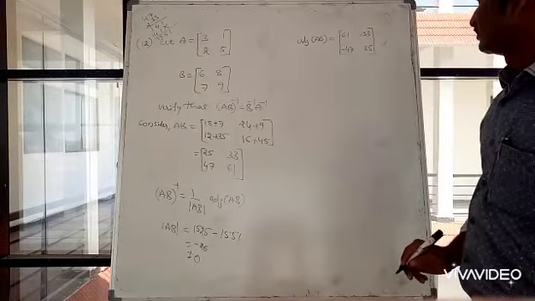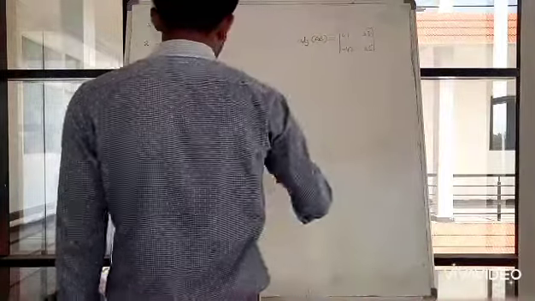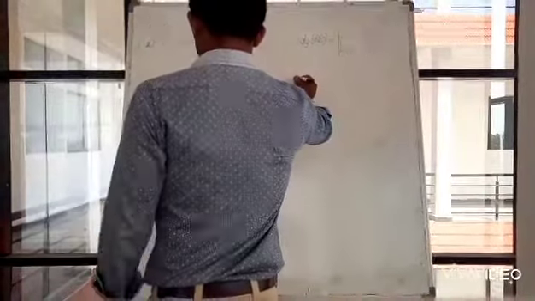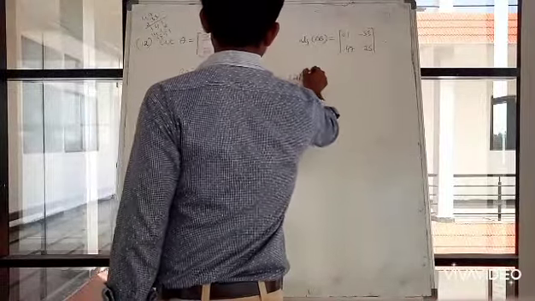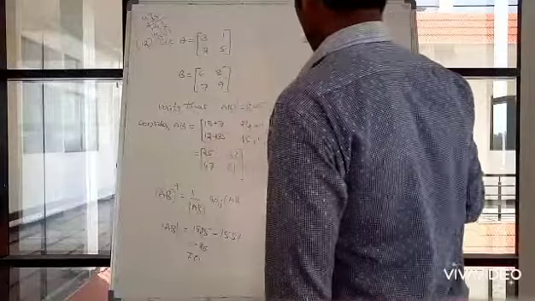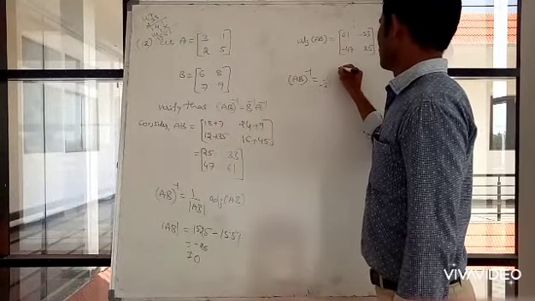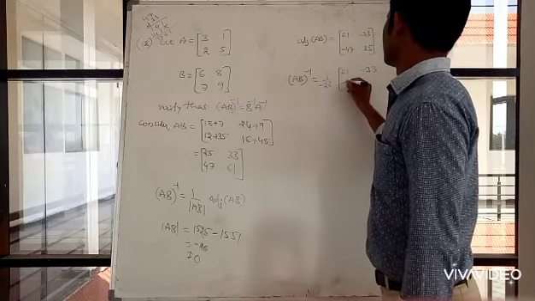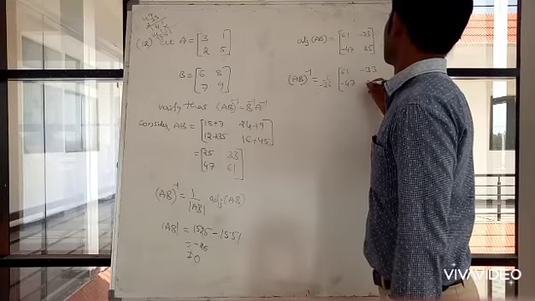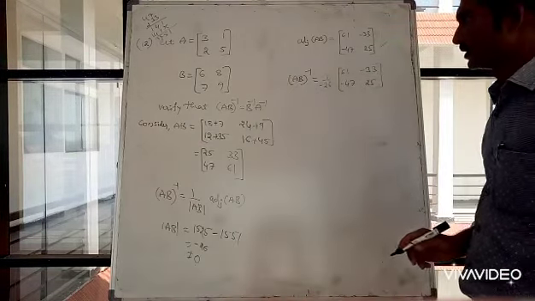This is adjoint of AB. Next, substitute here. Therefore, (AB) whole inverse is equal to 1 divided by minus 26 into [61 minus 33; minus 47 25]. So this is (AB) whole inverse.